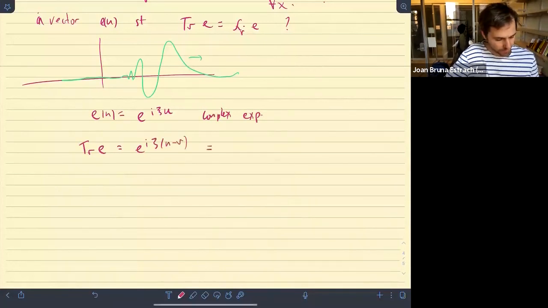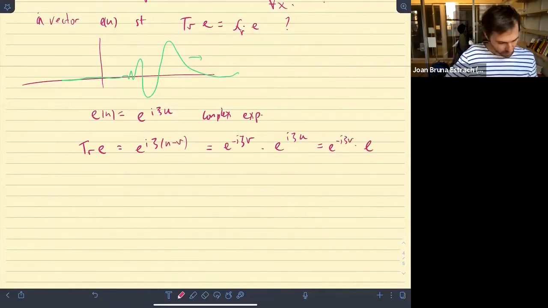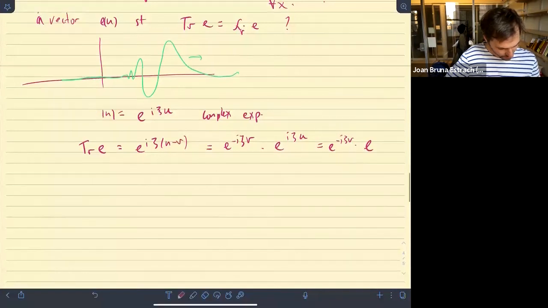So what do you get? You get e to the minus i xi v, then e to the i xi u, right? So this is the same as the original function. Maybe I should call it differently. Let's call it f, to avoid confusion.